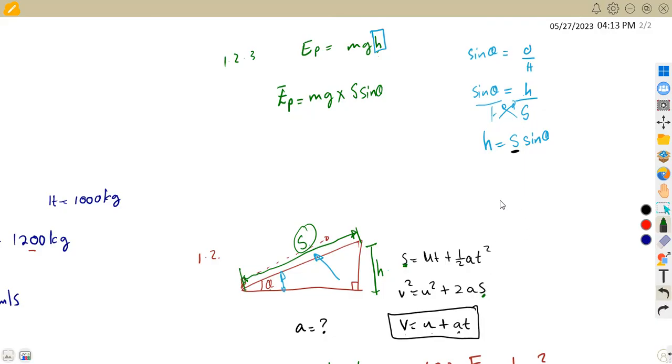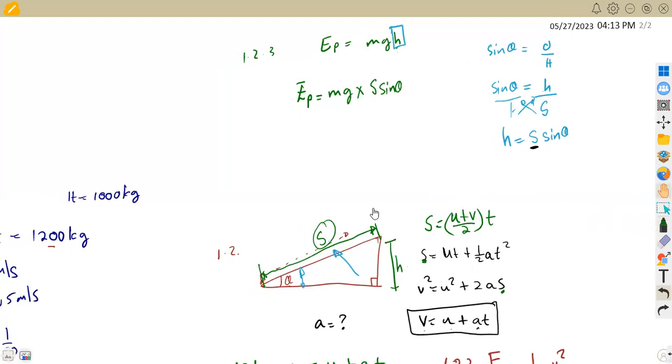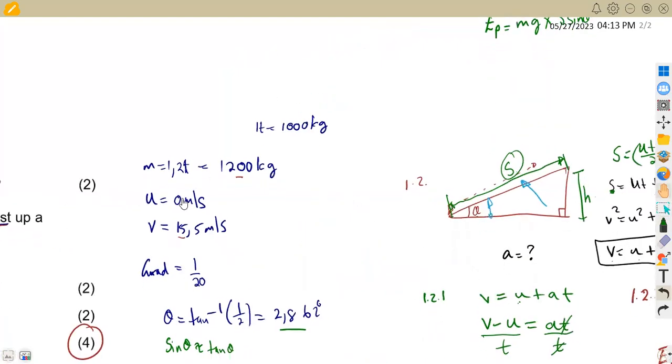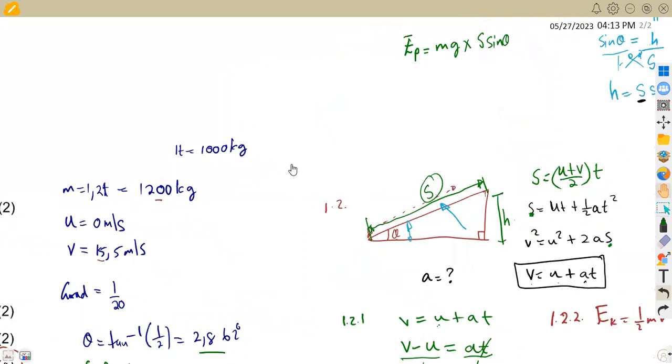Also, we have got this formula to calculate s, which is given as u plus v over 2 times the time. I've also talked about this formula before, which is the best formula because u and v were the original values that were given before, which means we are using original values, and also the time.